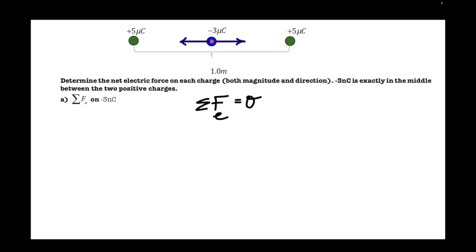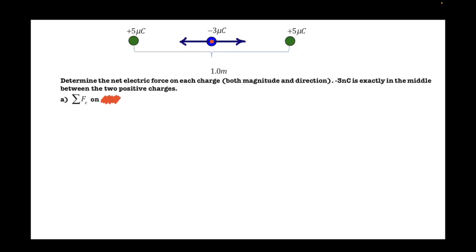Had we changed one of the charges to, say, 15, or maybe moved the 3 microcoulombs to the left or to the right, we would end up with a different thing. Oh, and by the way, I see a little boo-boo here. Let's say I want to find the net force on the 5 microcoulombs that is on the left, for example.